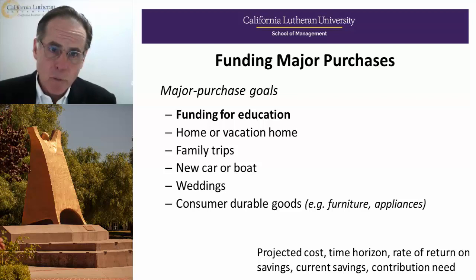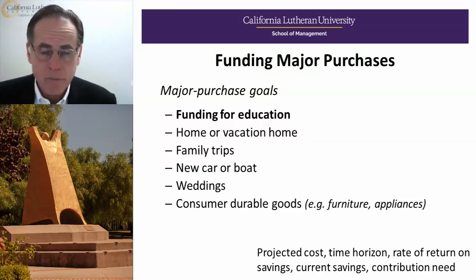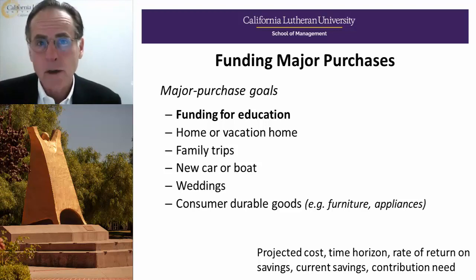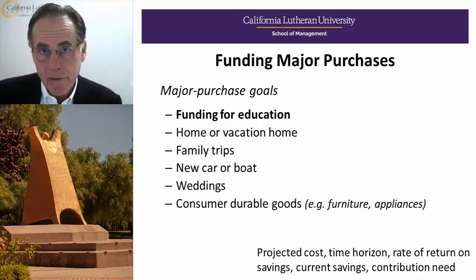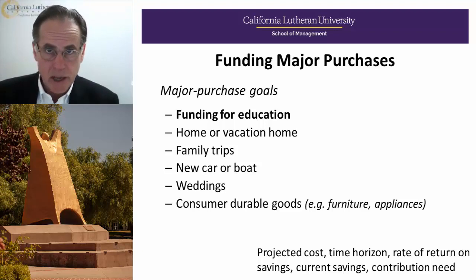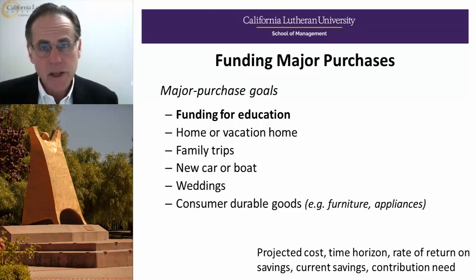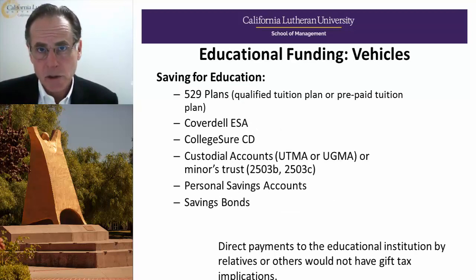And in doing that, when working through the process of helping your client plan for these major expenditures, you'll need to be thinking about the projected cost, the time horizon, the rate of return on the savings account, the current savings that you might have that you can put towards this major purchase, and then calculating the contributions necessary to get there. So let's take a look at educational funding.